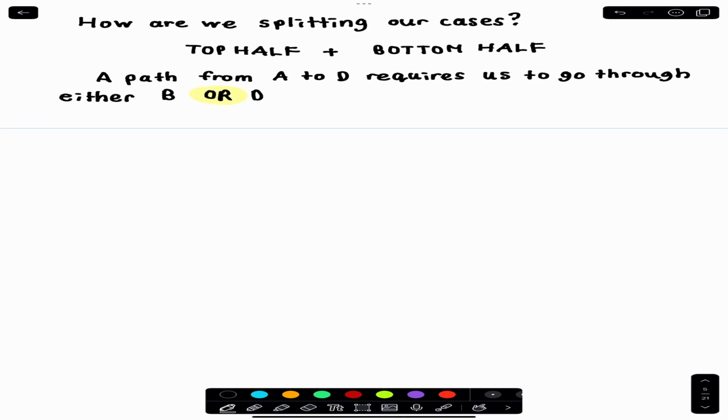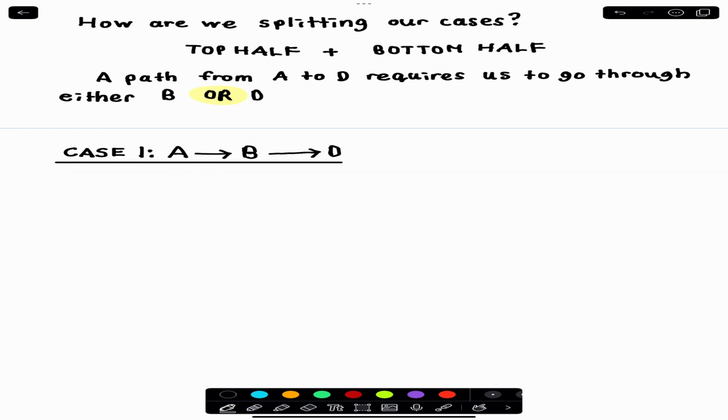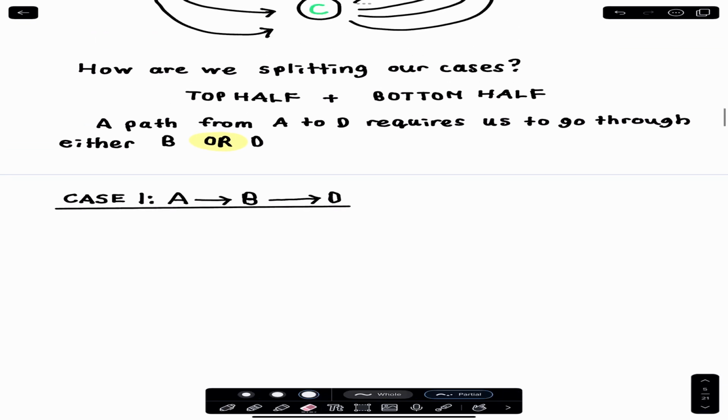So this is how the solution is going to look if you follow the guide. So first, you're going to write case 1. Case 1 will be paths from A to B to D. That doesn't really look like a D, so I'm going to fix that.